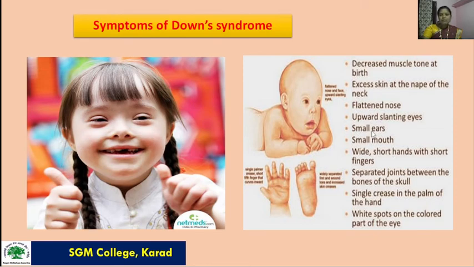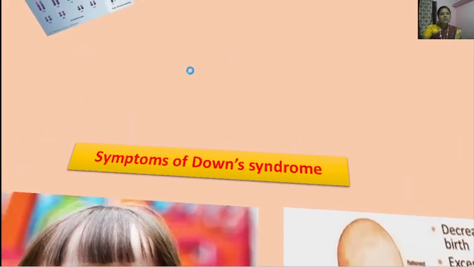See here, then a flattened nose, upward slanting eyes, small ears, a small mouth, a wide short hand with short fingers, separated joints between the bones of the skull, a single crease in the palm of the hand, and white spots on the colored part of the eyes. These are the particular symptoms we find in Down syndrome.